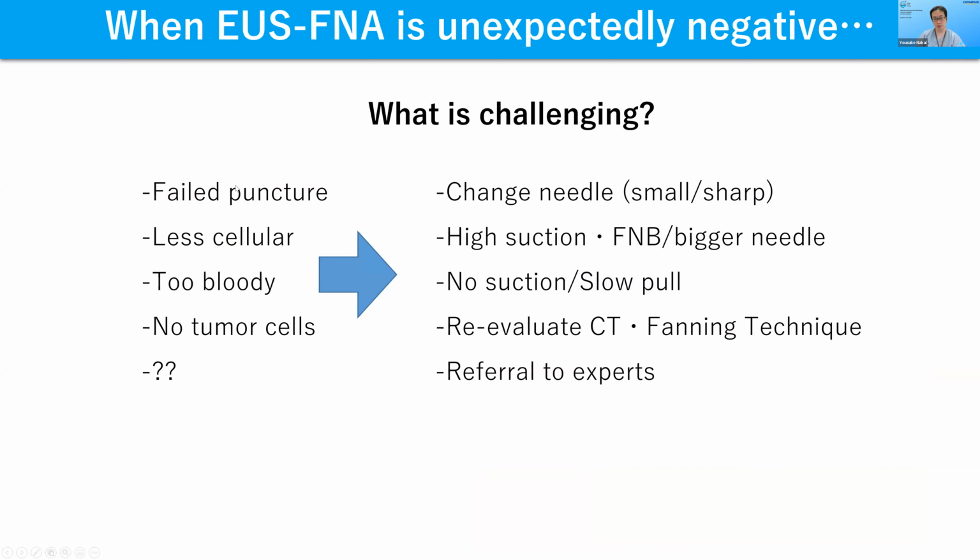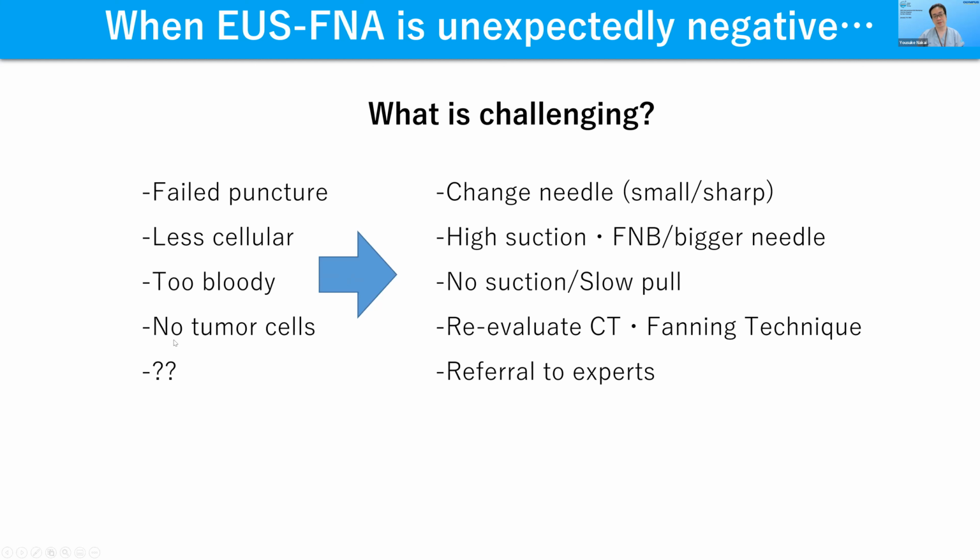we cannot puncture because of the location or size of the lesion. Then we can change the needle, like a small needle or sharp tip needle. And if you cannot get much cellularity, then you can apply more suction, or you can choose an FNB needle or bigger needle. And if the specimen is too bloody to make a diagnosis, then we can reduce the suction, like no suction or slow pull technique.